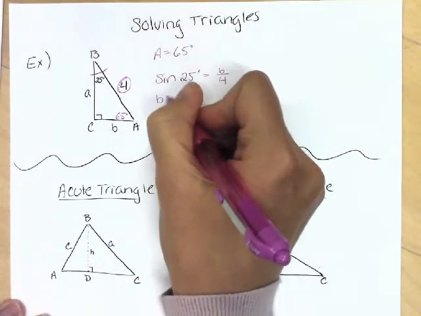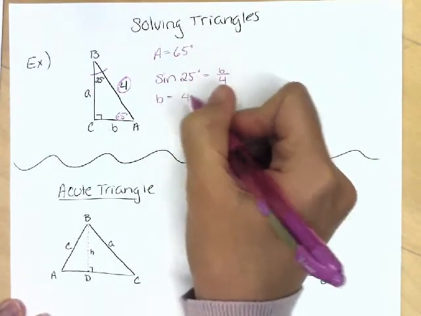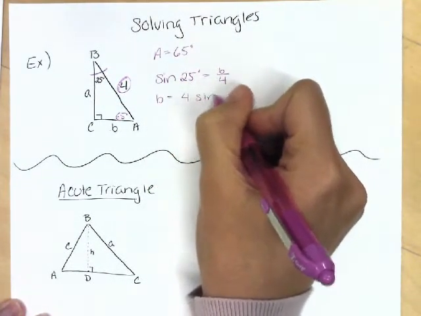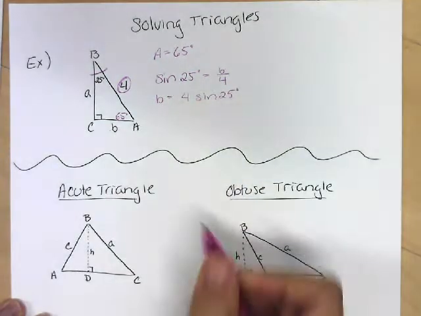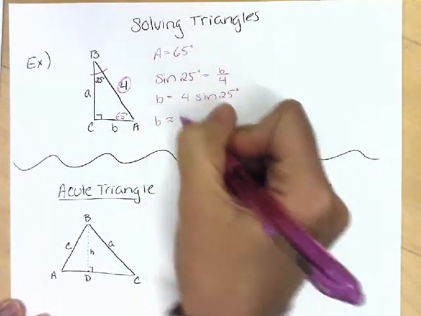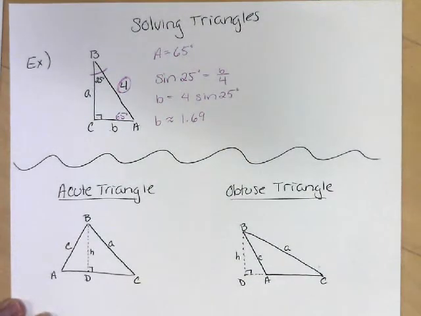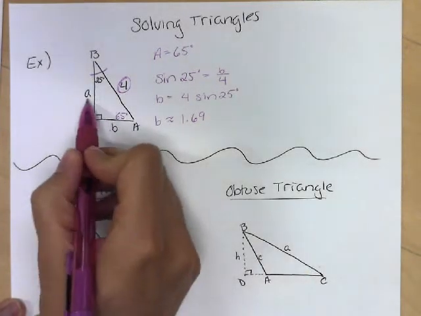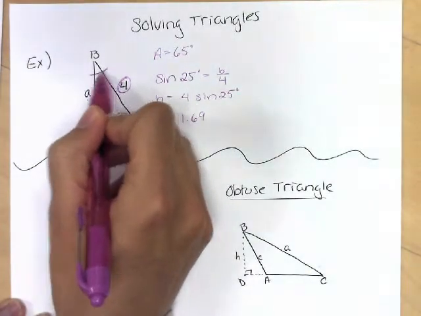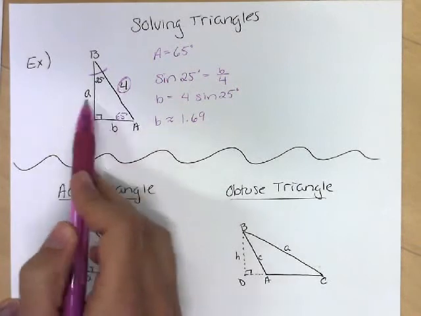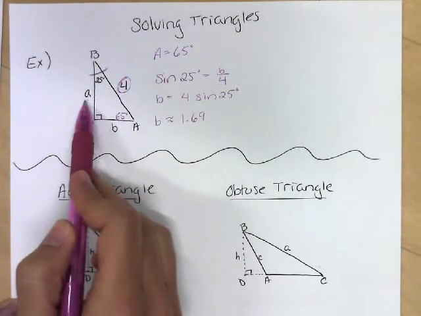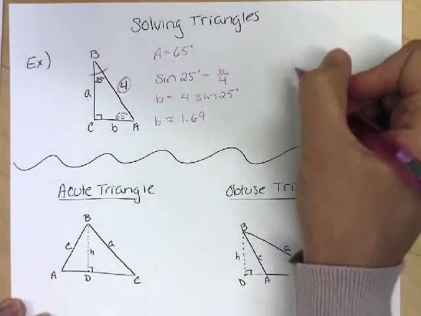Solving this equation, B equals 4 sine of 25 degrees. So B is approximately 1.69 units. I can go through a similar process to get side A. The relationship between 25 degrees, the hypotenuse, and A: A is adjacent to 25 degrees.